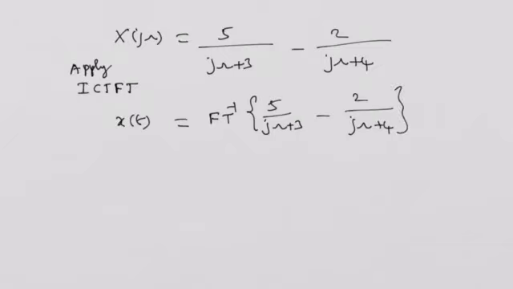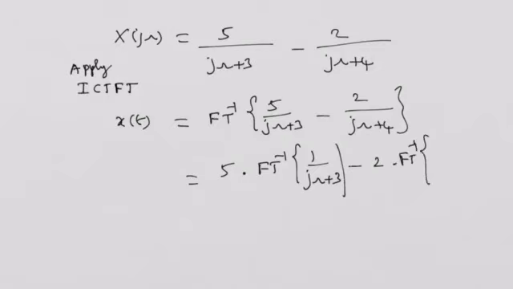So we take the constant 5 outside, and the inverse Fourier transform is applied only on 1 divided by j omega plus a, that is 3 here, and if I take 2 outside, I apply the inverse Fourier transform only over the term 1 divided by j omega plus 4.